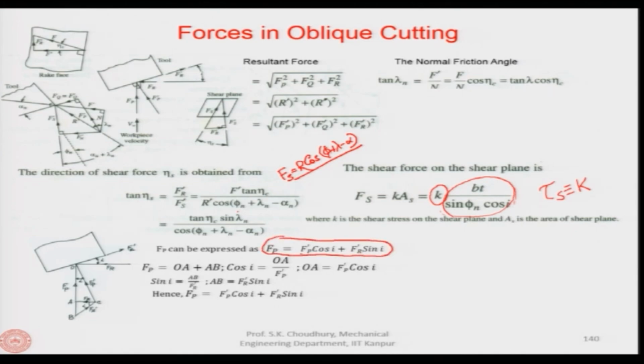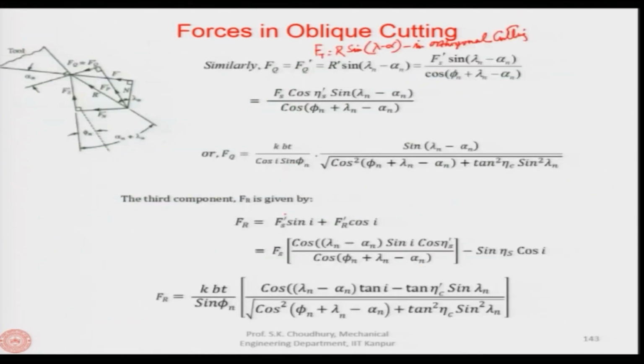Therefore, in case of Fr, it will be Fs prime sin I plus Fr prime cos I, because they are perpendicular. Similarly, here you put the values of Fs prime and Fr prime that we found out earlier, and the final expression can be written as this. So, these are similar.